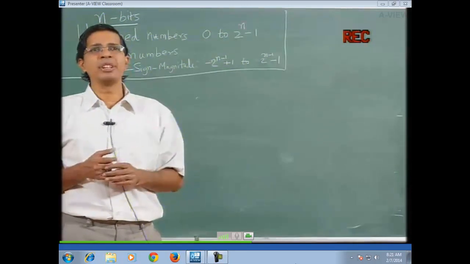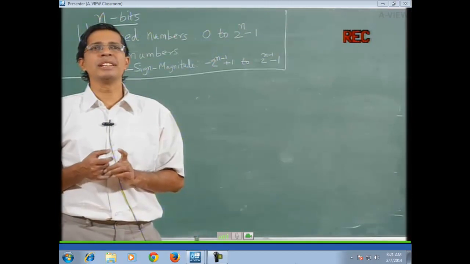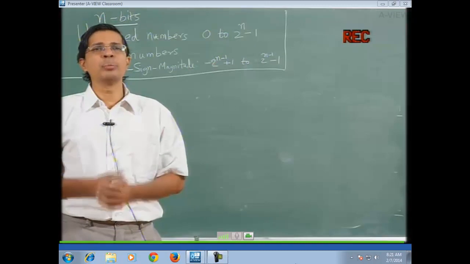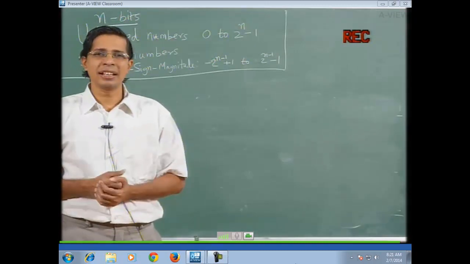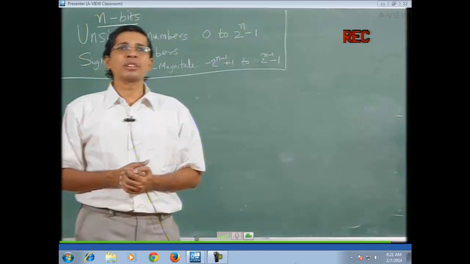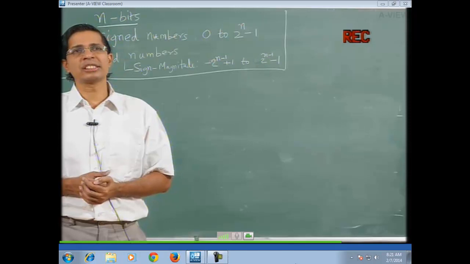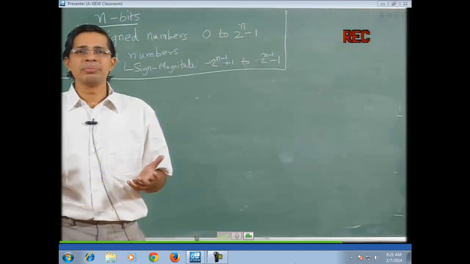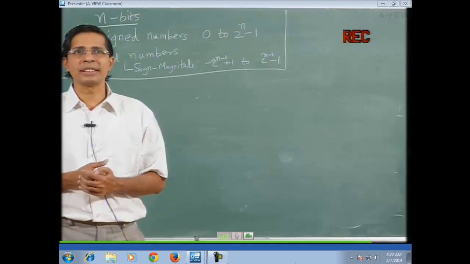I again repeat, we do this because the hardware can do only unsigned addition, and we have to model all our signed arithmetic using this unsigned addition. So what sort of representation will we look at? In the next 10 minutes, I will be making the foundation for understanding this representation.